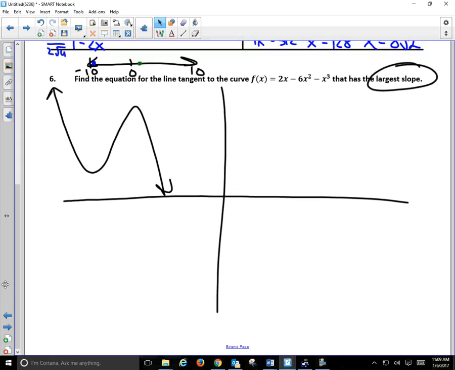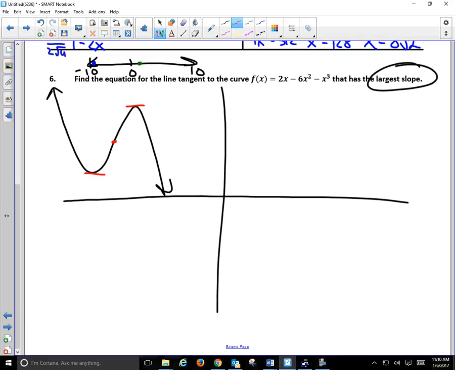Everybody agreed? So think about this here. Slope, positive or negative? So would you agree that our largest slope could not be occurring on these ends? Has to be somewhere in between. Slope here is 0, right? So it's got to be somewhere between there. Would you agree that it would be right in this middle spot?